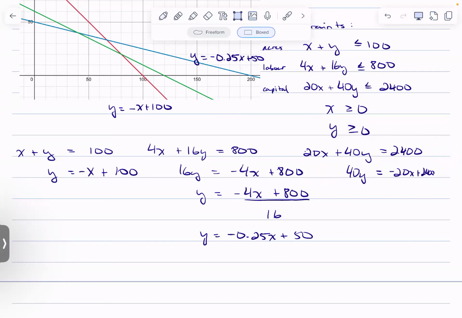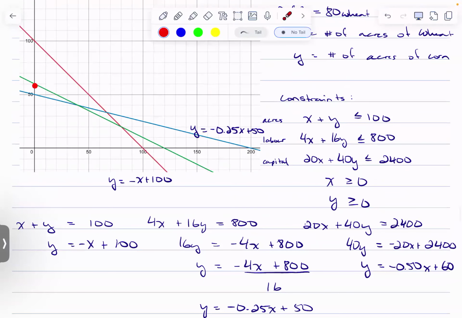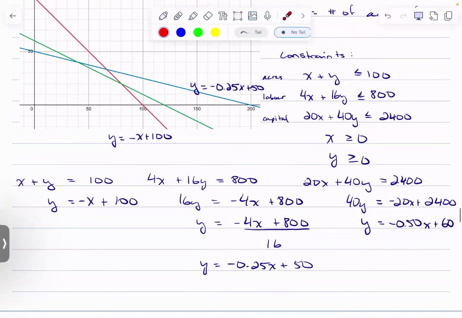But it is nice to have them all together, I guess. So y is negative 0.50x plus 2400 divided by 40 is 60, which checks out. So now this line here is y equals negative 0.50x plus 60.